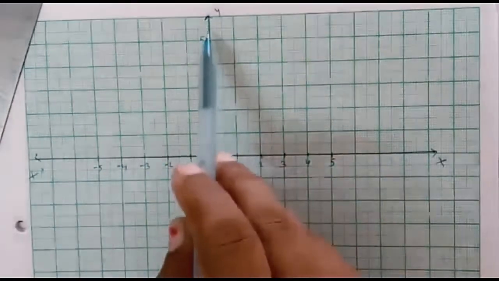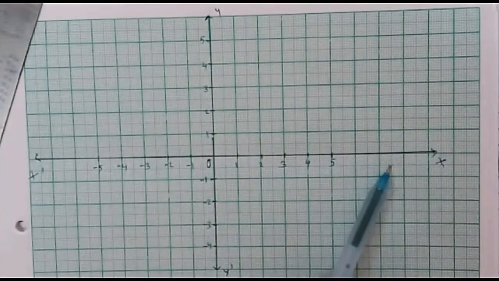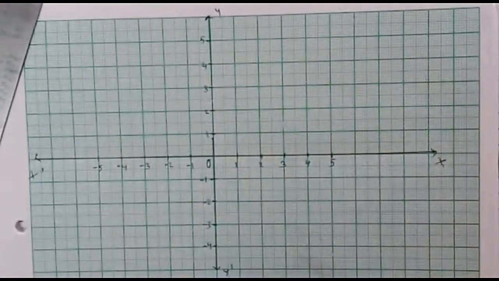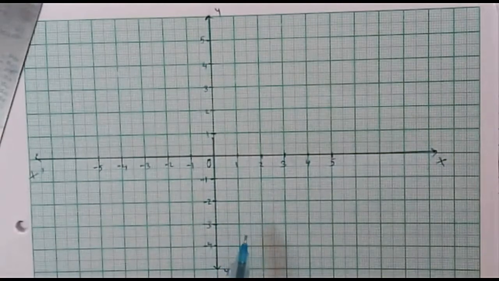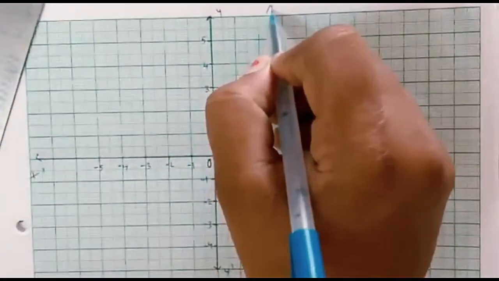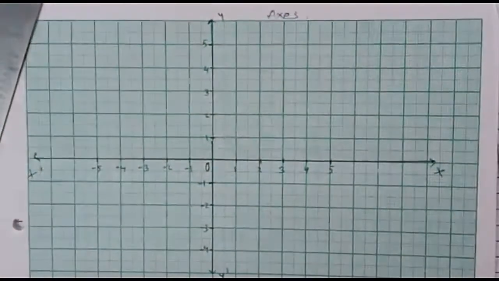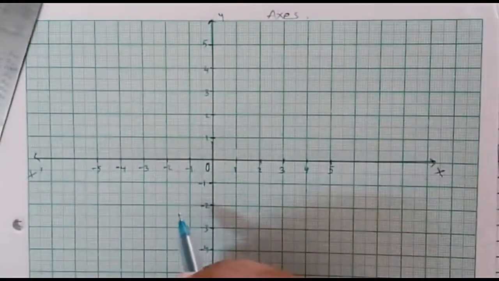These are the coordinate axes: the x-axis, which is the horizontal axis, and the y-axis, the vertical axis. Together they are called axes, A-X-E-S.